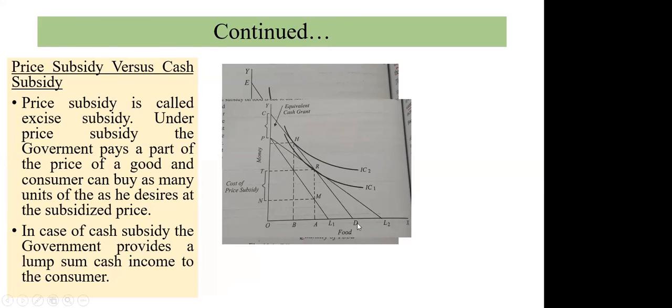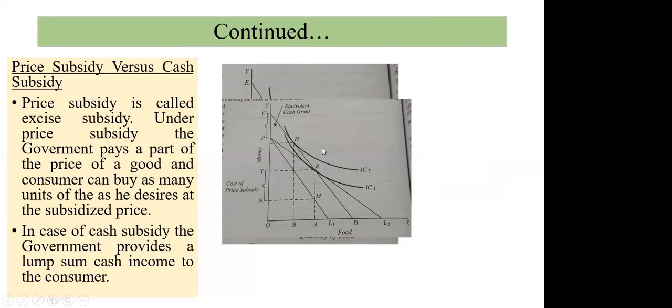Now at this CD price line, I am at equilibrium at point H, on indifference curve IC2. If we compare these two points R and H, we can see that R is on indifference curve IC1, which is at a lower level, and H is on IC2, which is at a higher level.